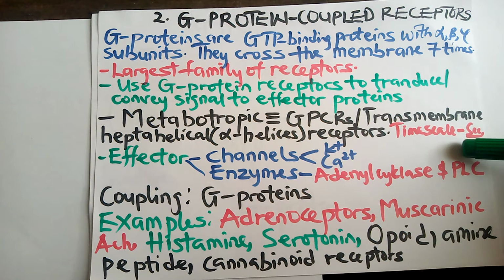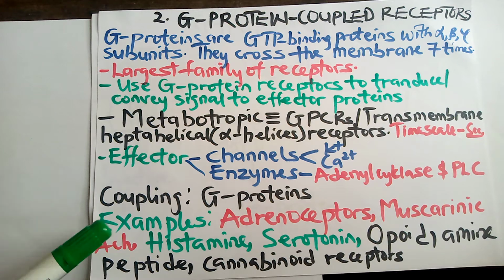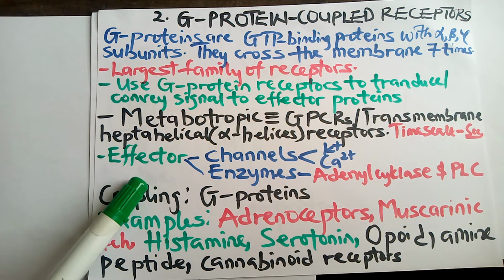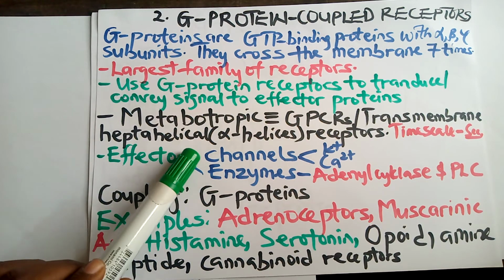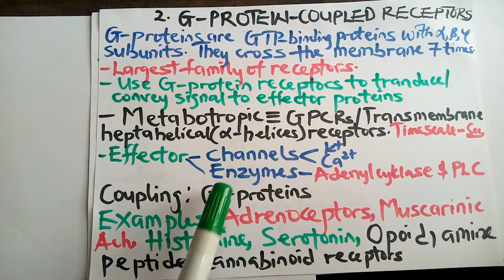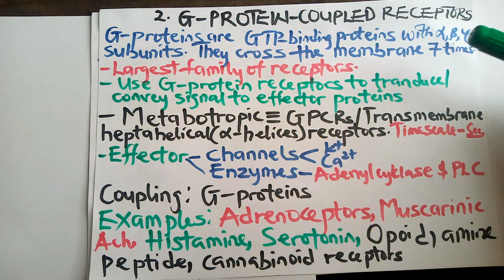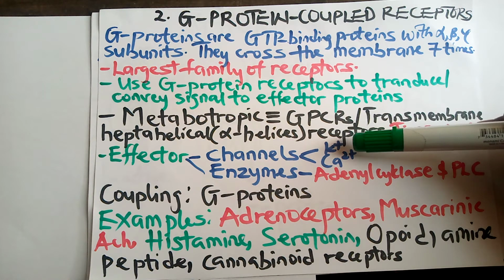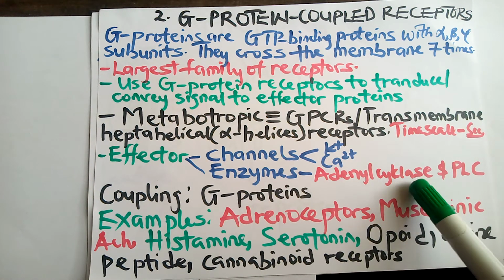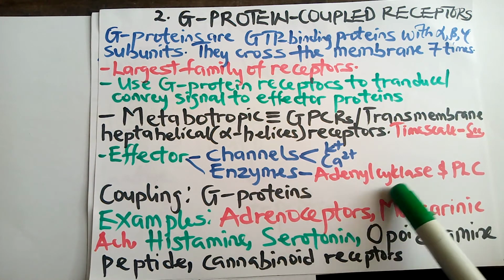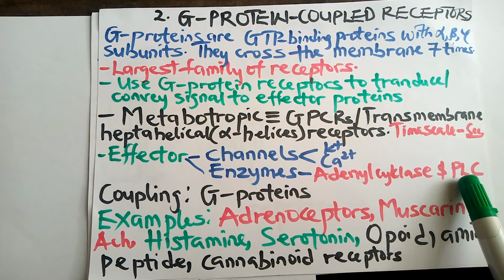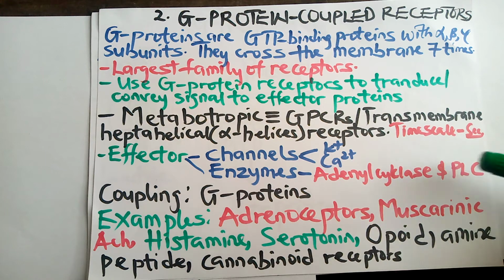They act in seconds. The effector cells of G protein coupled receptors could be channels and they could be enzymes too. The channels that they act on majorly are the potassium channels and the calcium channels, while the enzymes they act on are usually adenyl cyclase and phospholipase C, also called PLC.